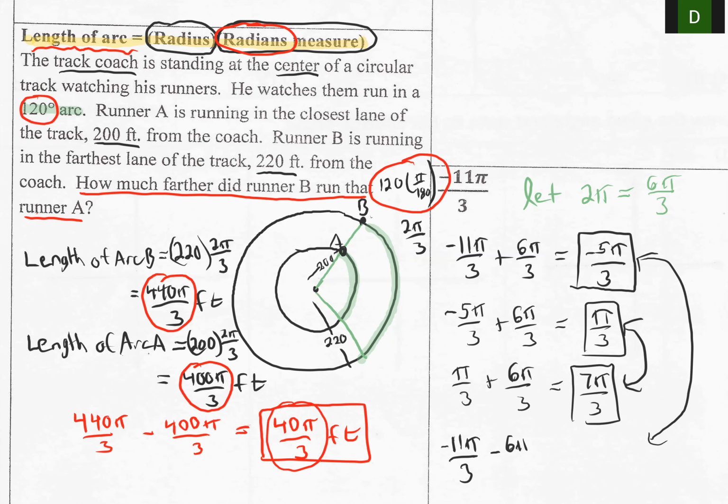Because if I took negative 5 pi over 3 and subtracted 6 pi over 3, that would give me the given angle, and I want a different angle. So negative 11 pi over 3 minus 6 pi over 3 gives me negative 17 pi over 3. This gives me 2 positives and 2 negatives for a total of 4 coterminal angles.